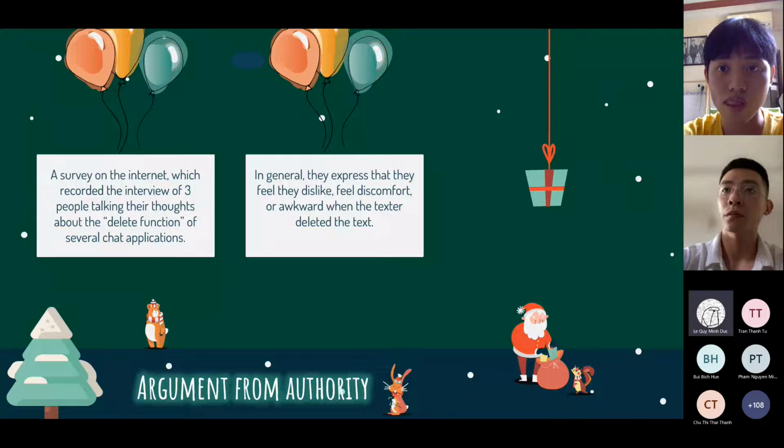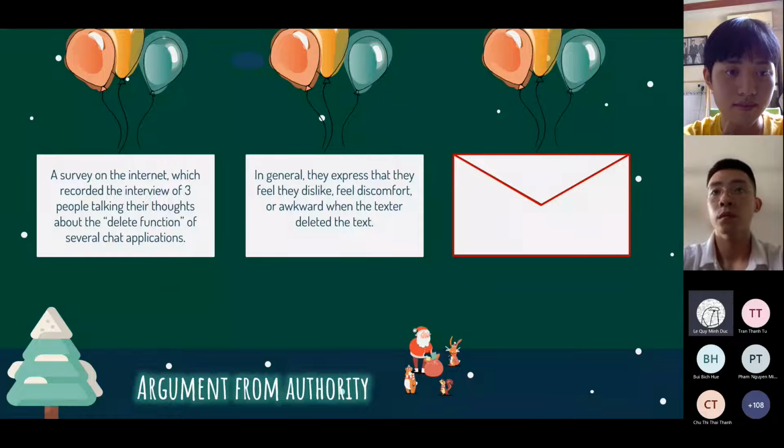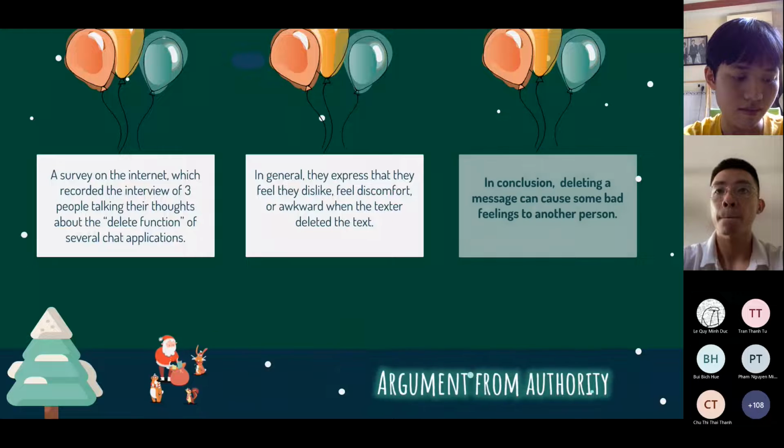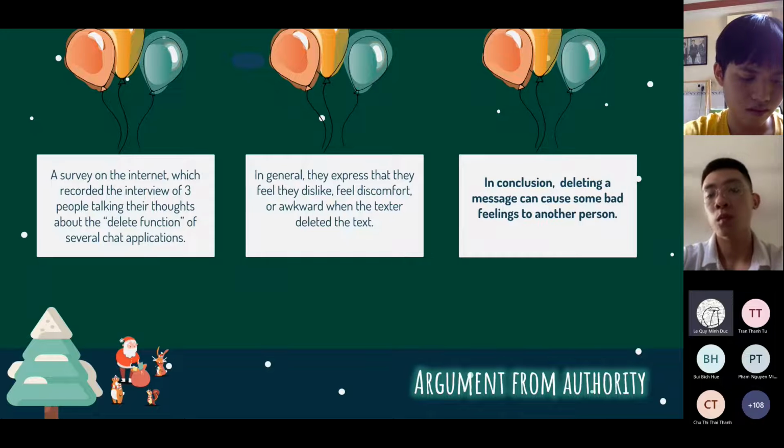And the last one says remove message should not be present because it makes people irresponsible about what they said. So in general, to summarize, I can conclude that remove message can cause some bad or negative feelings for the receivers.